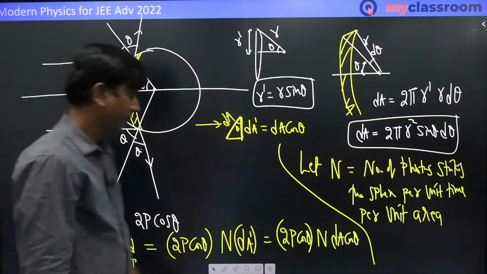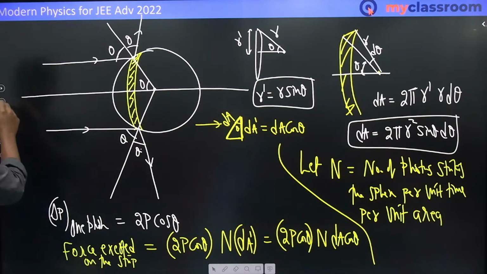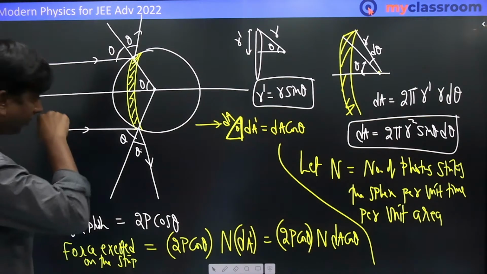So further, 2p cos theta into n dA cos theta.